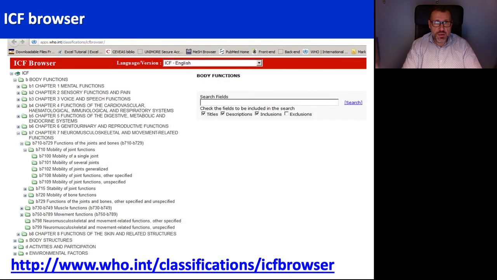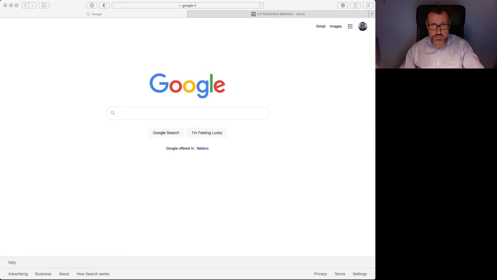We will, for this purpose, look at the ICF classification, which is online. The official classification is on the World Health Organization website.